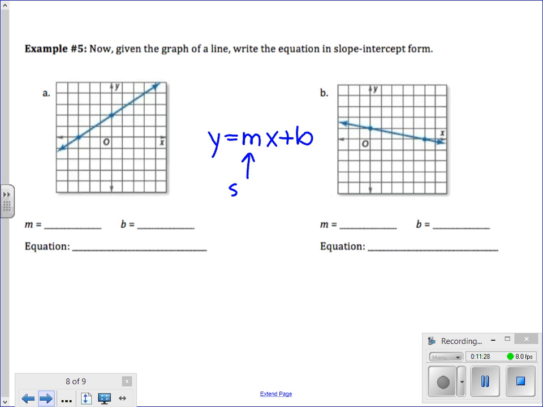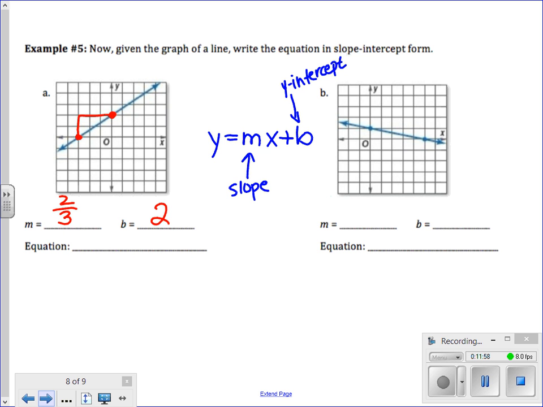Remember, m is the slope, and b is the y-intercept. So the y-intercept in A looks like it is at 2. So that's our b. My slope I measure as my rise over run. If I start at the left point, it looks like I go up 2 and run over 3. So I have a slope of 2/3.